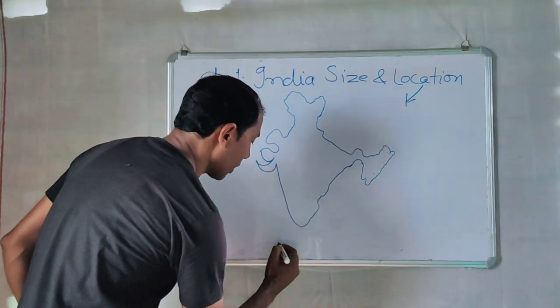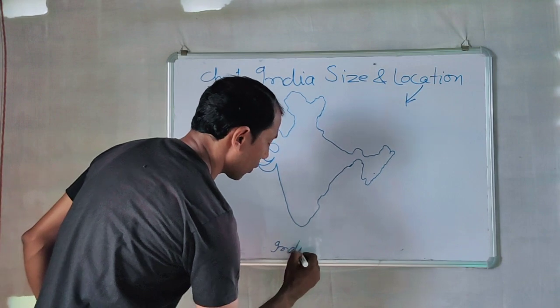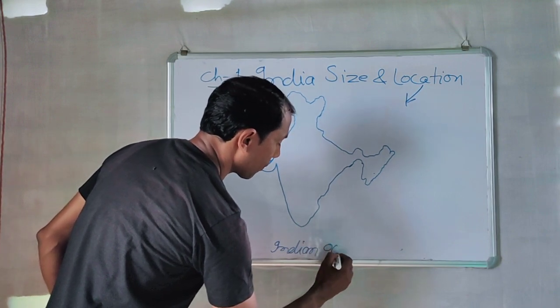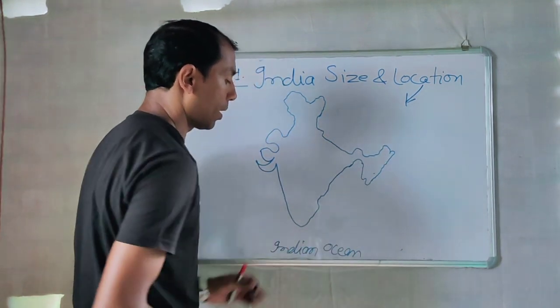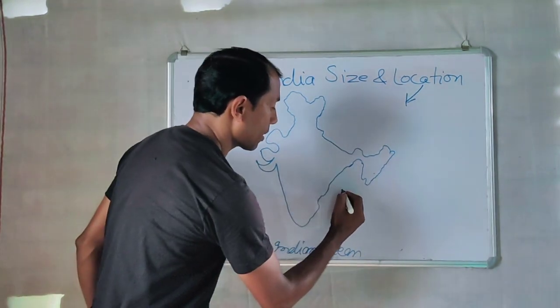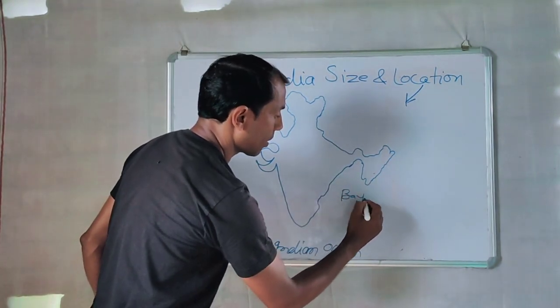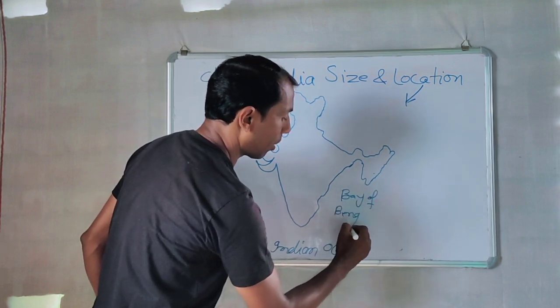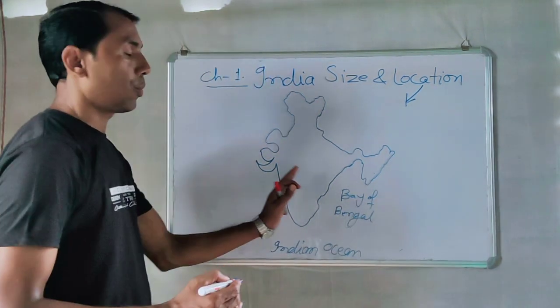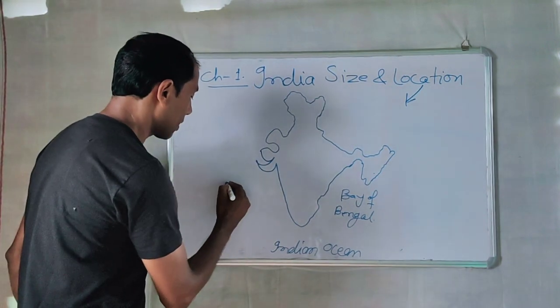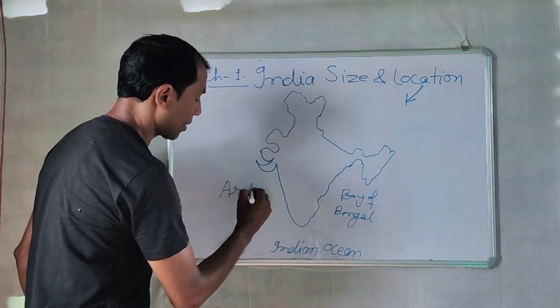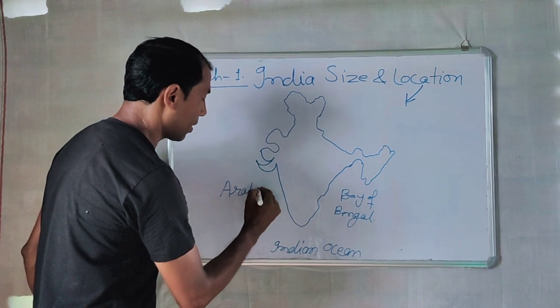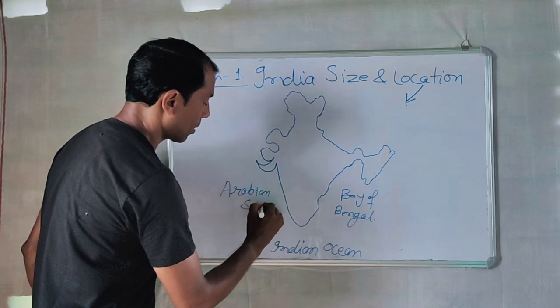In the south it is the Indian Ocean, in the eastern side there is the Bay of Bengal, and on the western side there is the Arabian Sea.